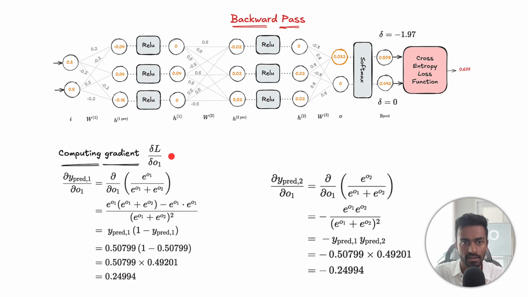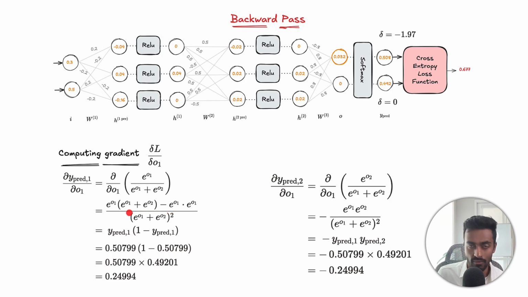In the first case, you know that ypred1 is essentially a softmax activation, represented by this formulation here. Now we can use the derivative of f of x divided by g of x. Remember, that's g of x times the derivative of f of x, minus f of x times the derivative of g of x with respect to O1, divided by g of x whole squared.